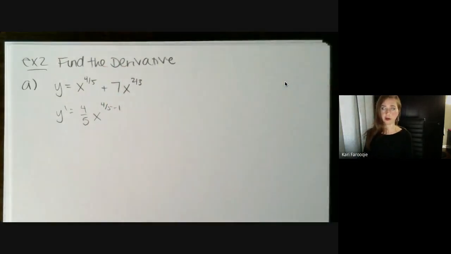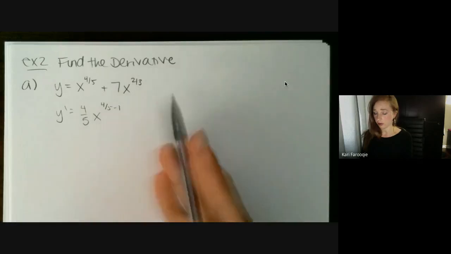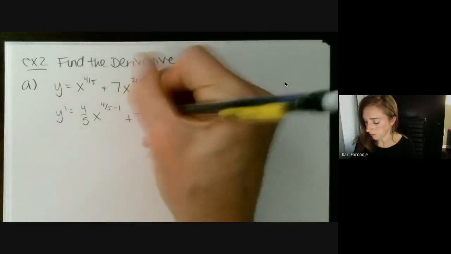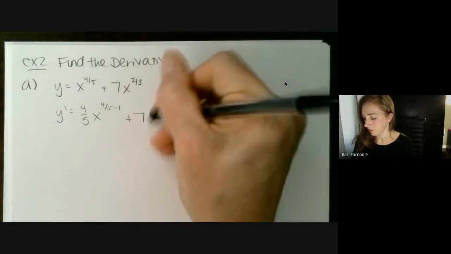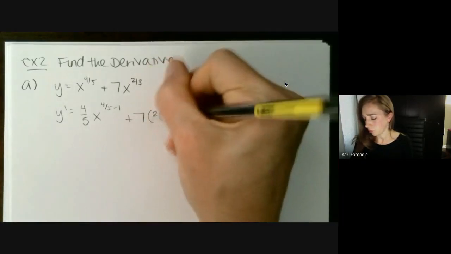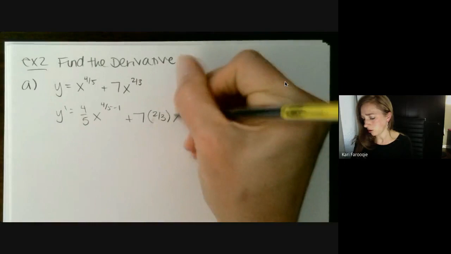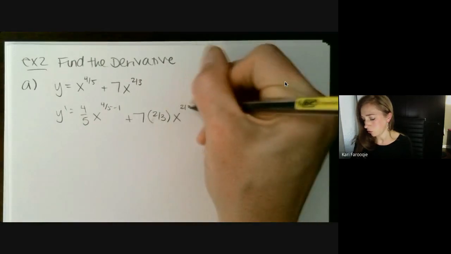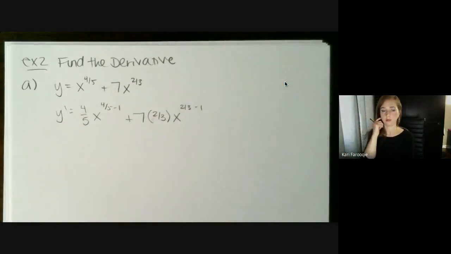If you want to do it in your calculator, fine. But just write 1 as 5/5, and then you'll make your life a lot easier. For the second term, leave your constant multiple, multiply by the exponent, keep your variable, and subtract 1 from the exponent. And we'll simplify.